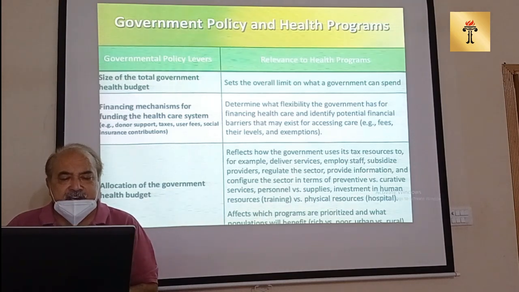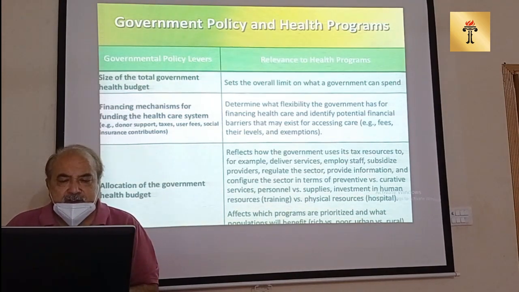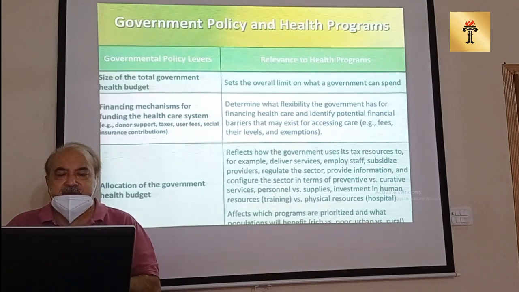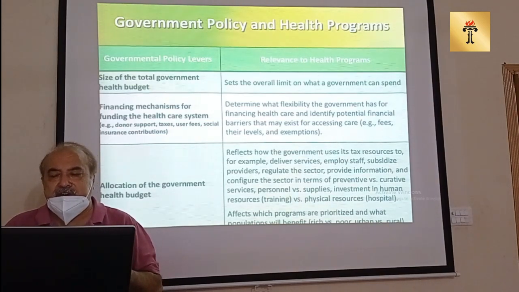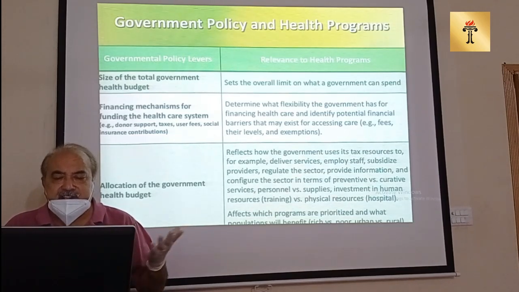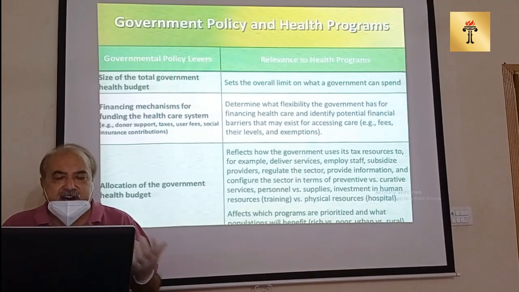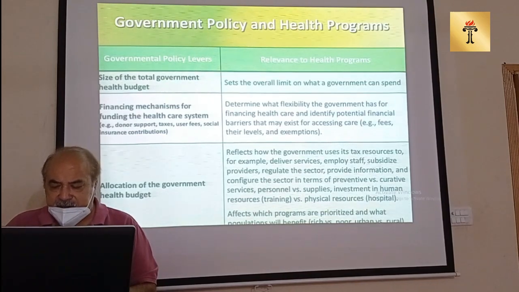Then there is the allocation of the government health budget. This reflects how the government uses its tax resources, for example, to deliver services, to employ staff, subsidize providers, regulate the sector, provide information, and all that.